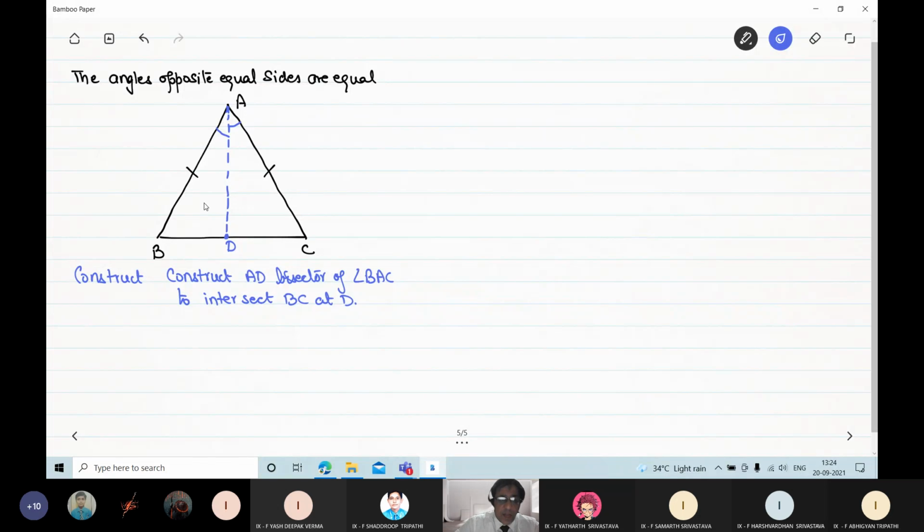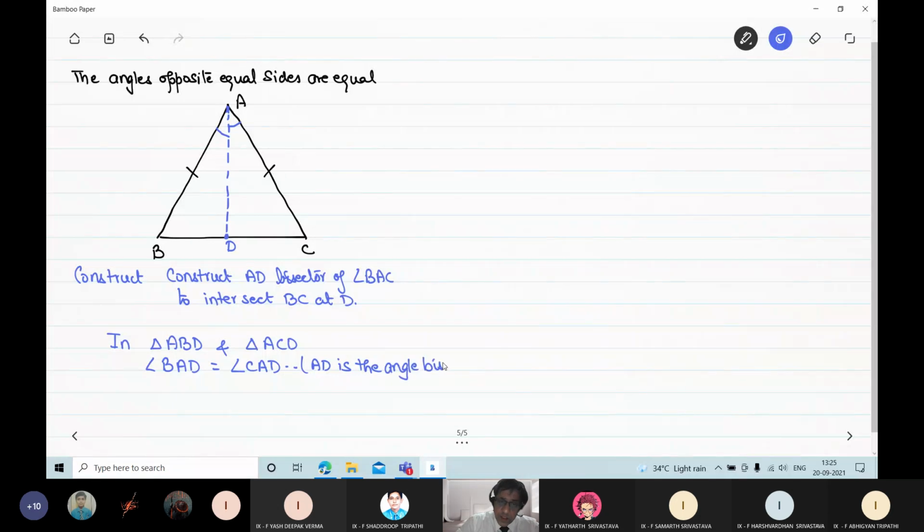Now, if I can prove these two triangles congruent, my job is done. So we take triangle ABD and triangle ACD. In these two triangles, the first thing is angle BAD will be equal to angle CAD because AD is the angle bisector.